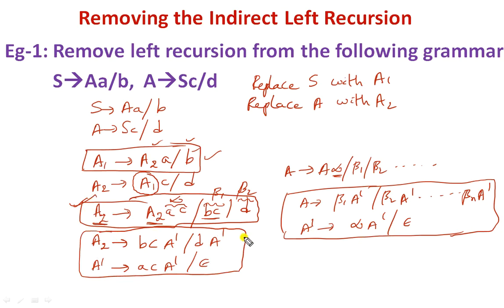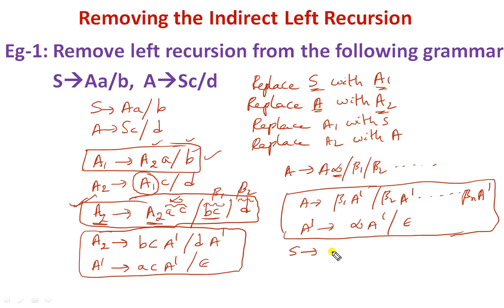Now, as in the starting we replaced S with A1 and A with A2, we can once again replace A1 with S, because all the production rules are ready, and replace A2 with A. Now the finalized production rules we get are: S generates A or B, with A2 replaced, so S generates AA or B. This is one production rule, and these two: A generates BC A dash or D A dash, and A dash generates AC A dash or epsilon.